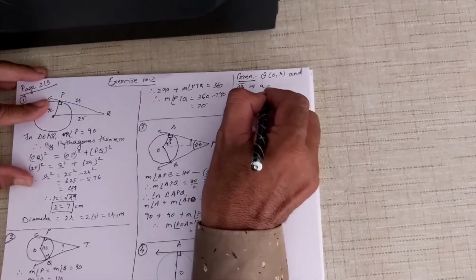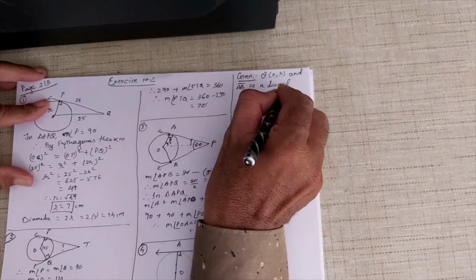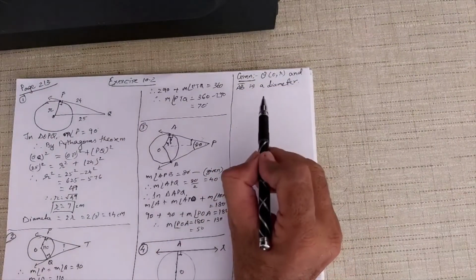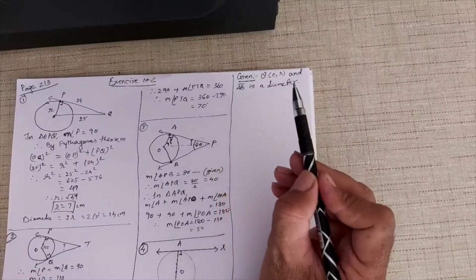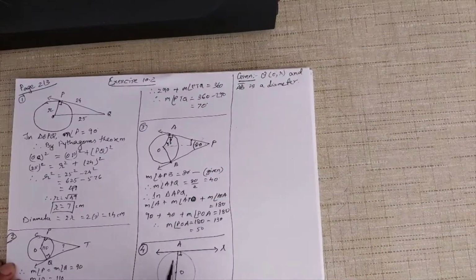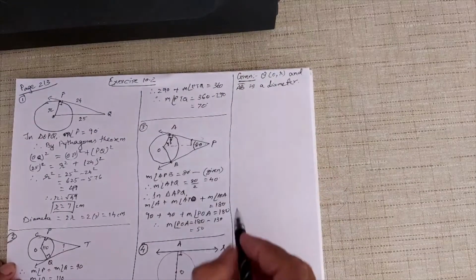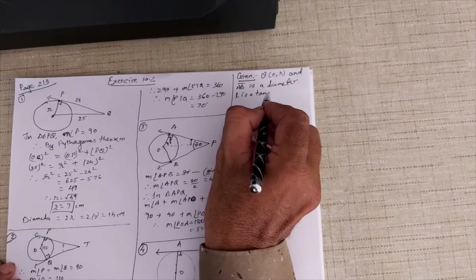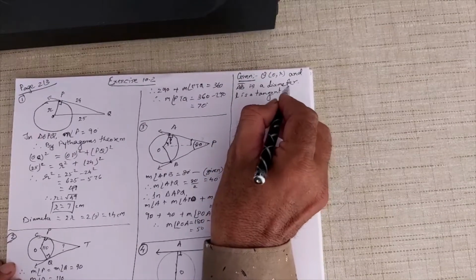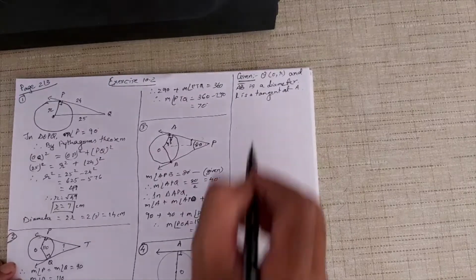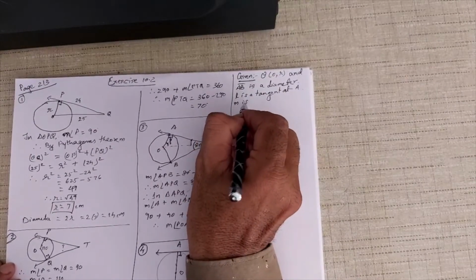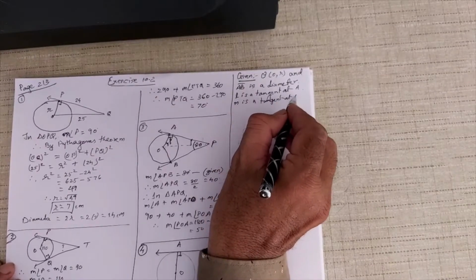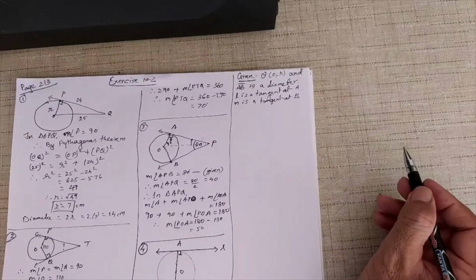Since AB is a diameter, we have points A and B on the circle, and also L is a tangent at A. Line M is a tangent at B.